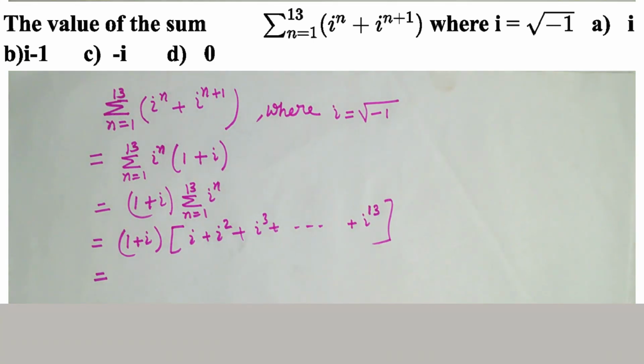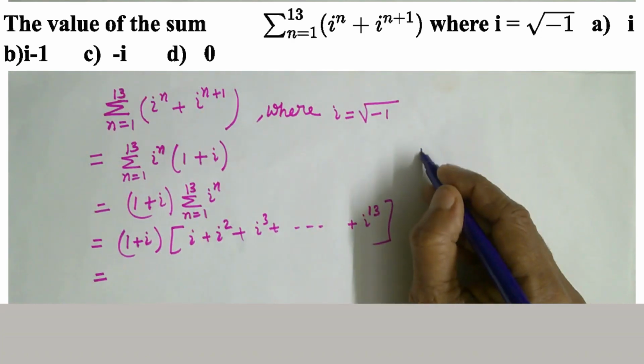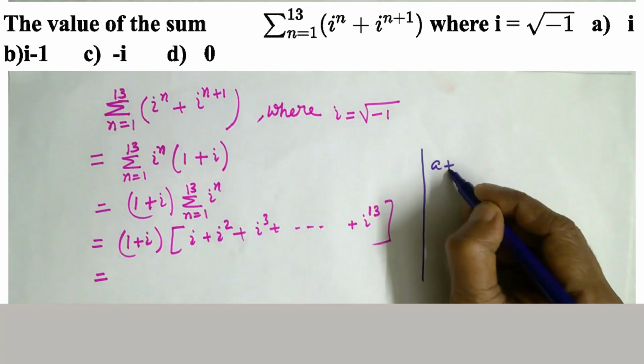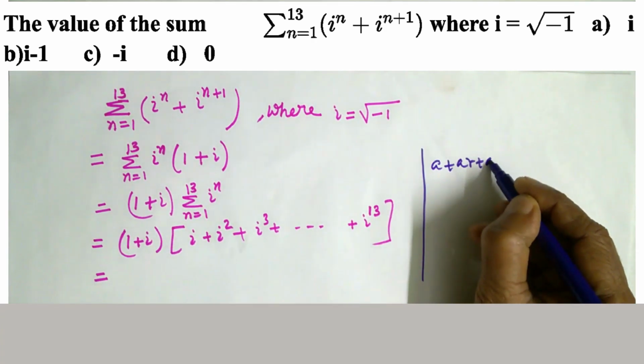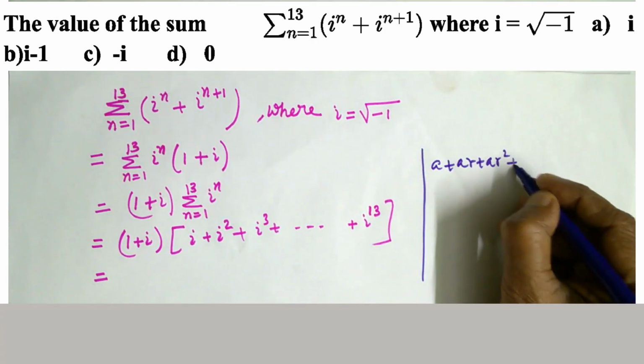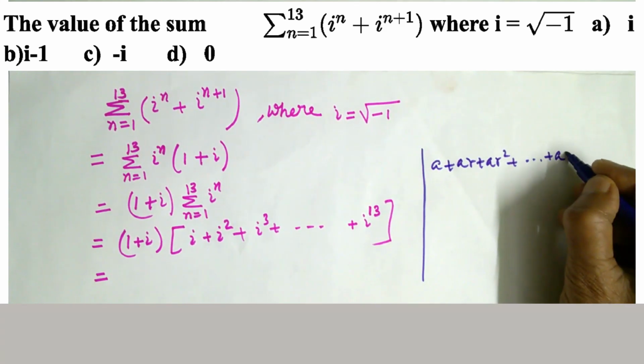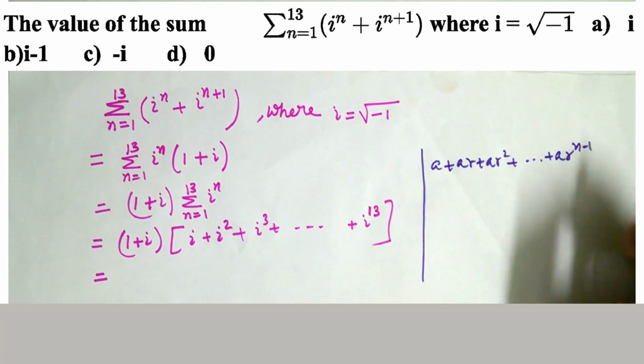See, the terms within the bracket, this is a geometric series. The geometric series a plus ar plus ar square plus up to ar to the power n minus 1.